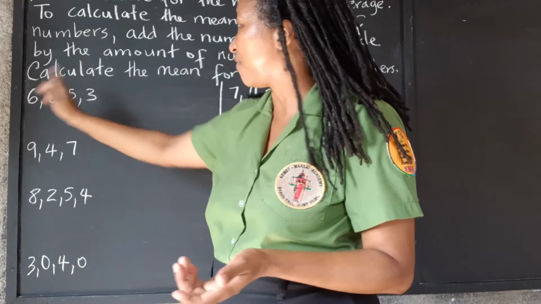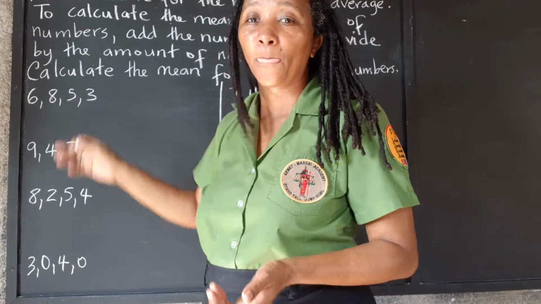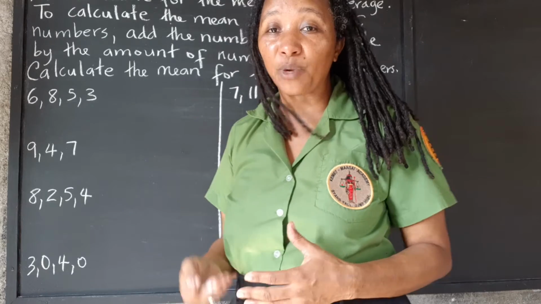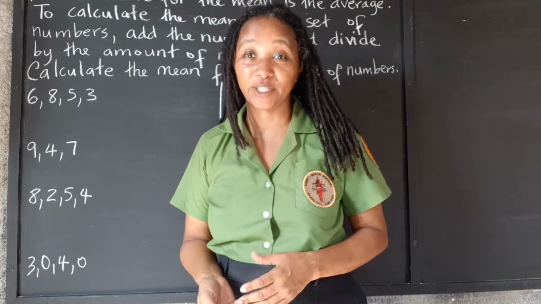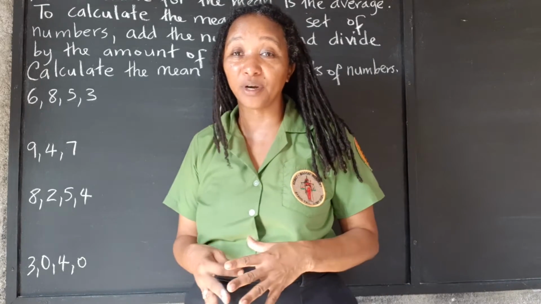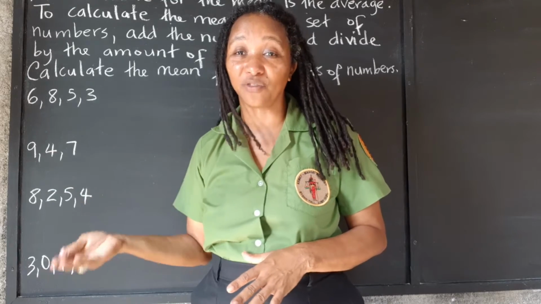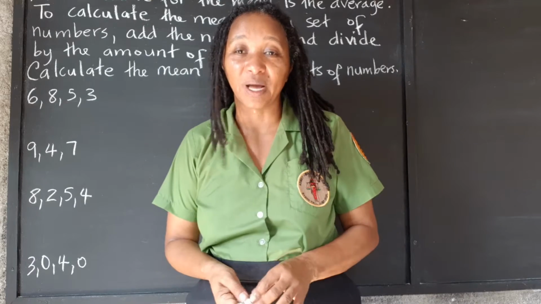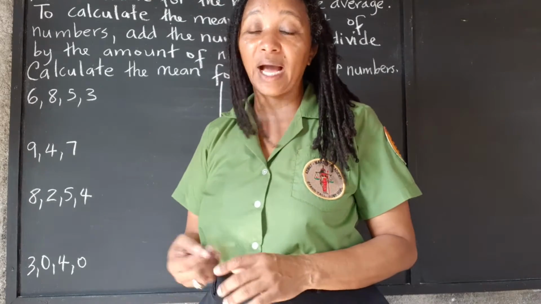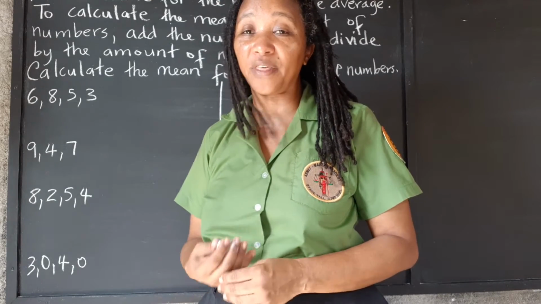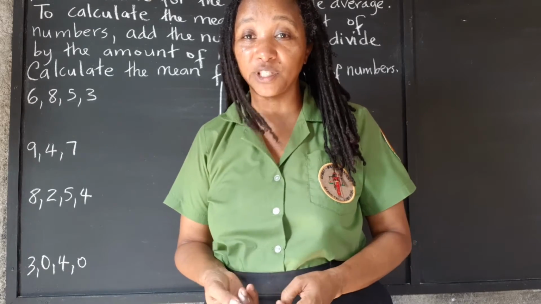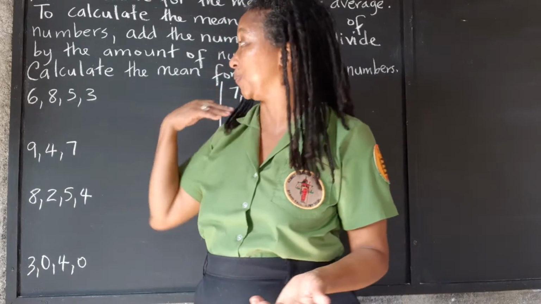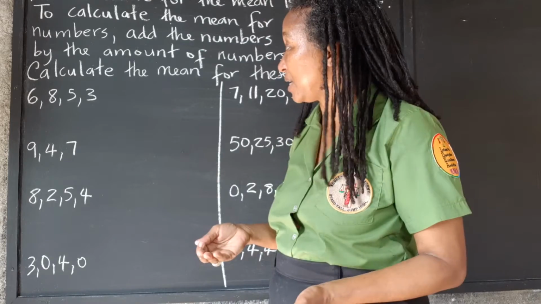If we're given 4 numbers, we add up the numbers and we divide by 4. There are 4 numbers, we add them up and we divide by 4, and that gives us the mean or the average of those 4 numbers. That's all we do to get the mean.